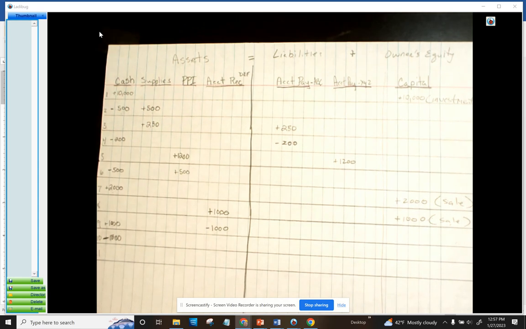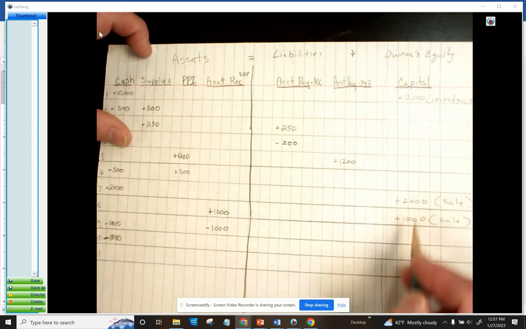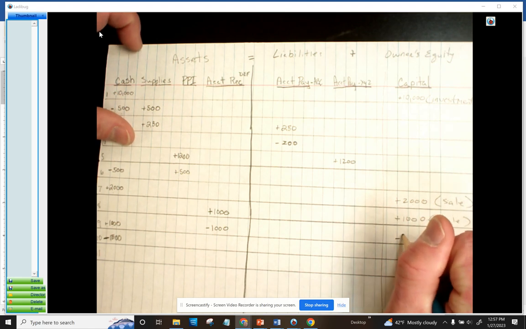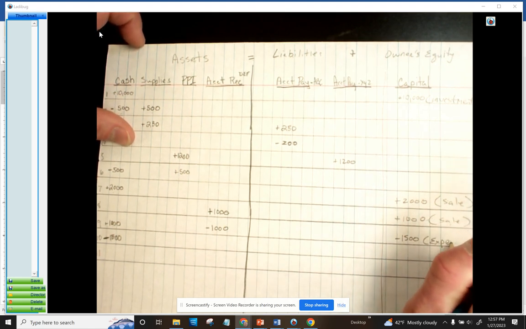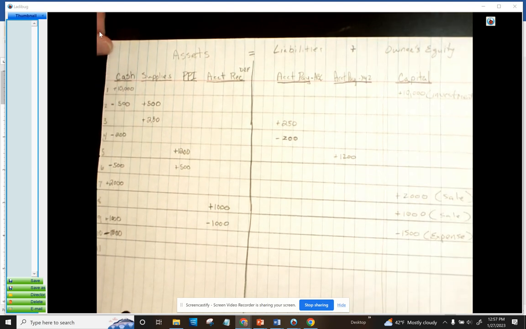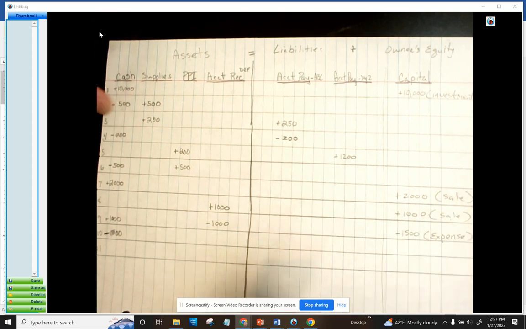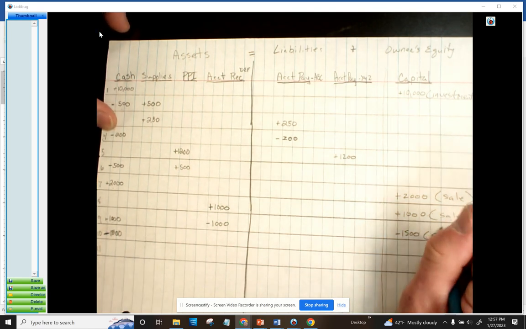You wrote a check for $1,500, paid cash for rent. So over here under capital, we're going to make our capital, our value in the business, go down by $1,500 because of that expense. This is an expense account. Money leaving your business for operations of the business. Sales, revenue, money entering your business for the operations of the business. Okay, we paid cash for rent expense.